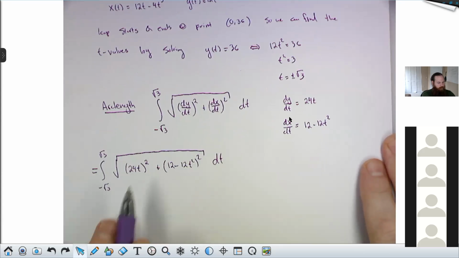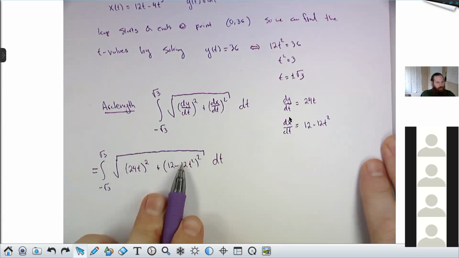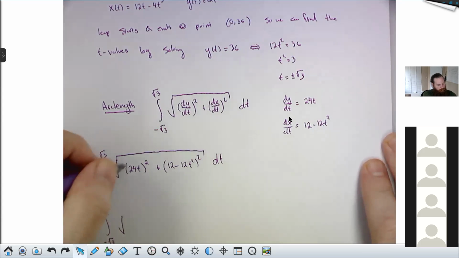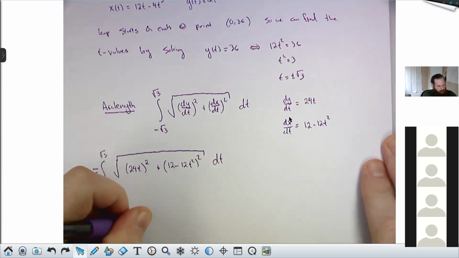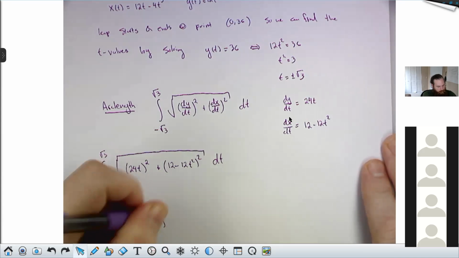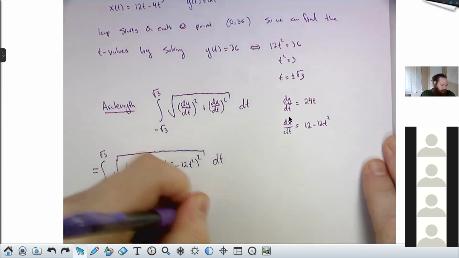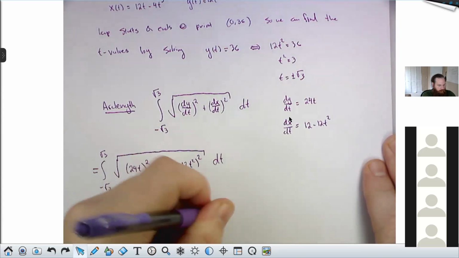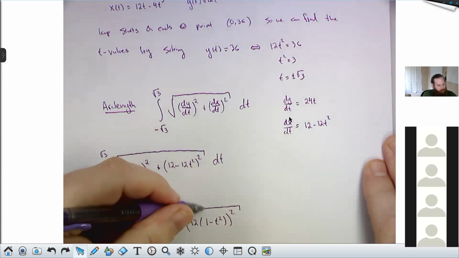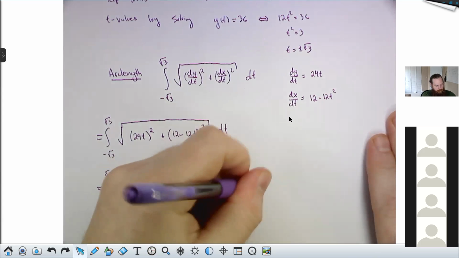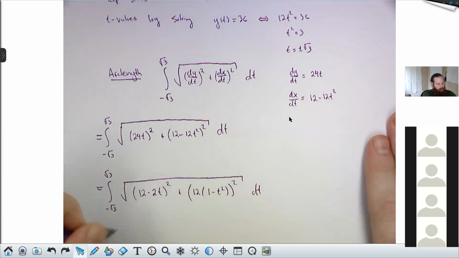And the first thing I see here is that all of these pieces are divisible by 12. So this is the square root of, I'll write it like this, 12 times 2t, squared, plus 12 times 1 minus t squared, squared. So you can square the 12s.